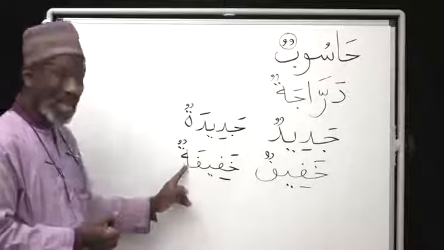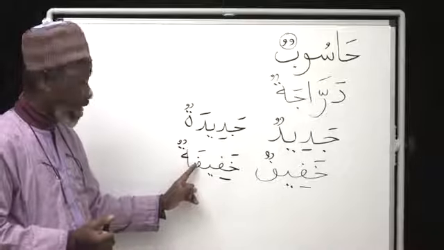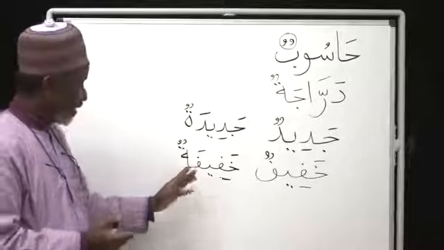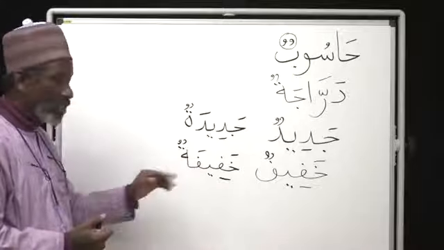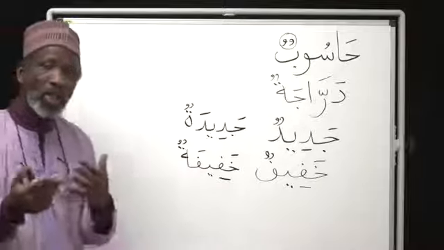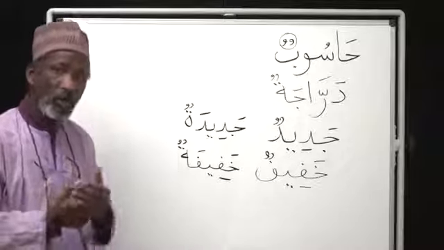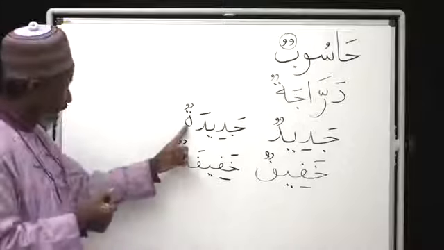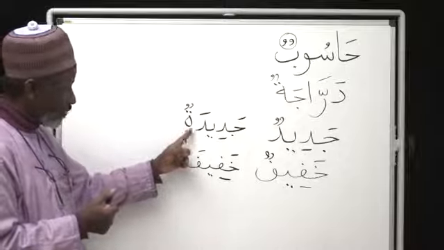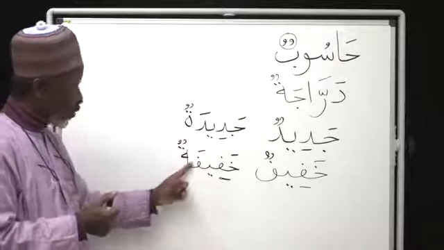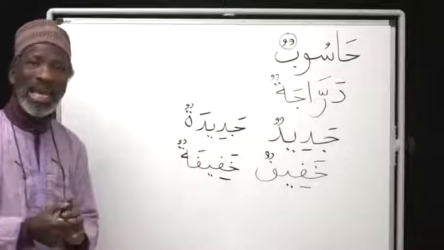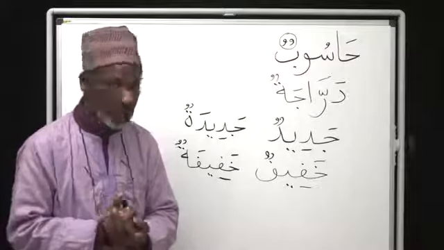Whereas here, letter fa is a normal, friendly letter, can be extended to join ta marbuta. Hence you have two versions of ta marbuta: the separate one if it has one of the naughty letters before it, and the joined one if the letter before it is a friendly letter.